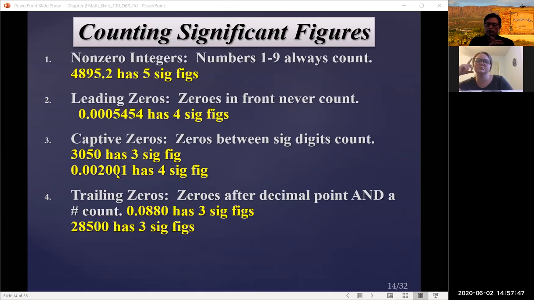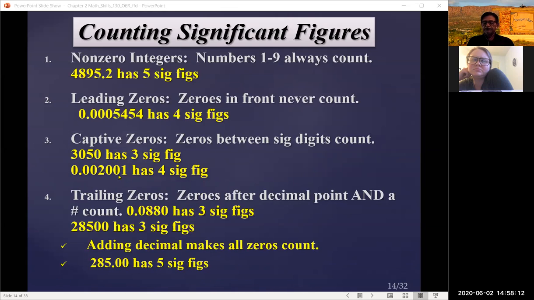Trailing zeros, those are zeros after a whole number. Okay, so the first example, 0.0880, has 3 sig figs, whereas the number 28,500 has only 3 sig figs. Okay, all right.